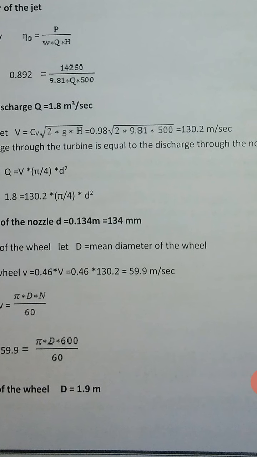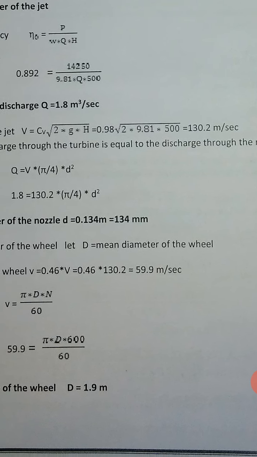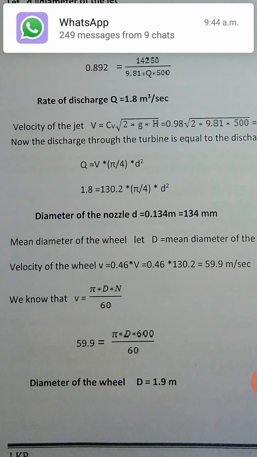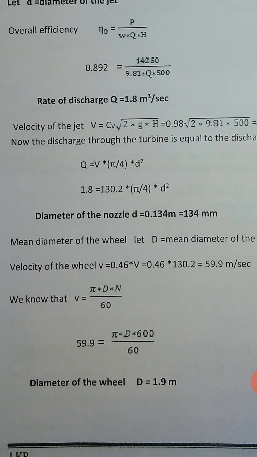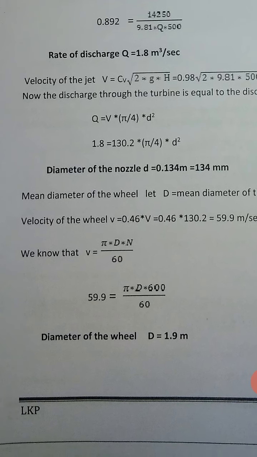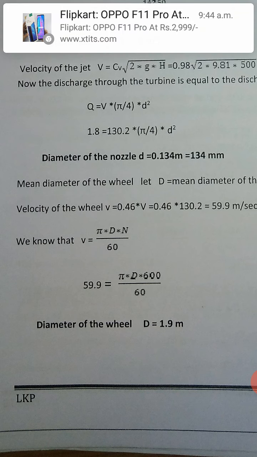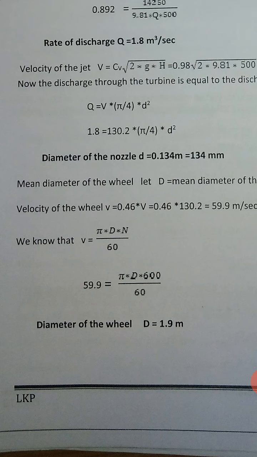Then the velocity of the wheel, taking the speed ratio of 0.46, small v equals 0.46 into capital V, that is 59.9 meters per second, and we know that v equals pi D N divided by 60, and D is the diameter of the wheel, that is 1.9 meters.